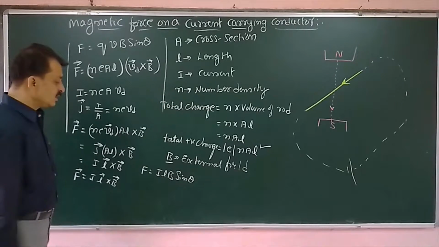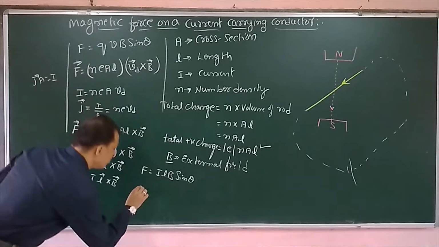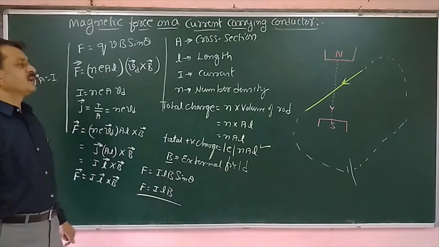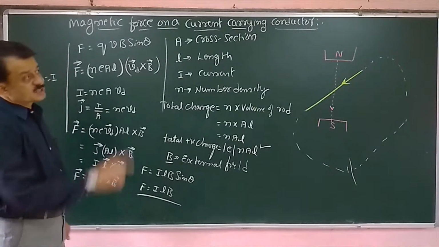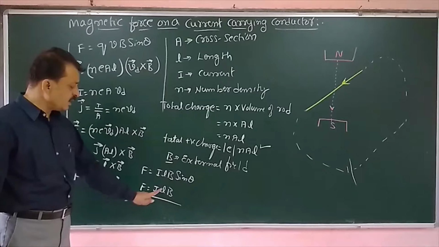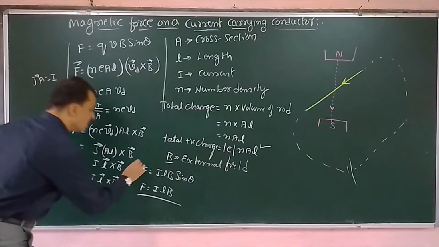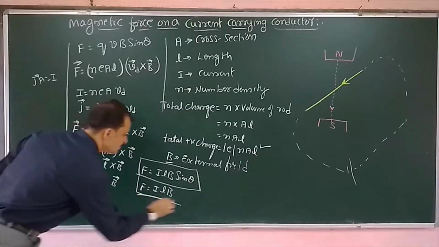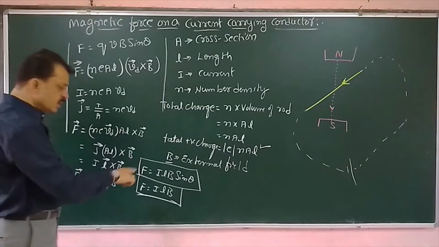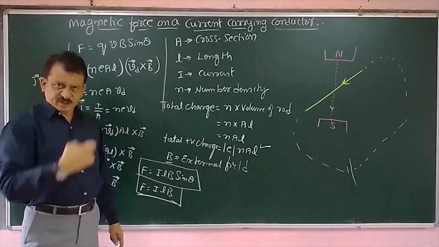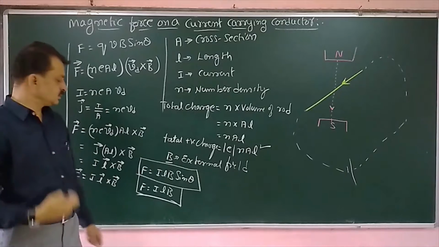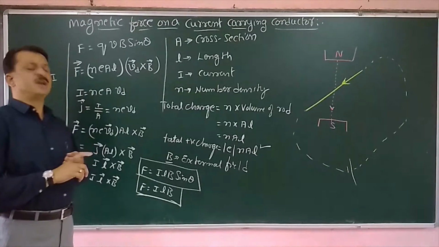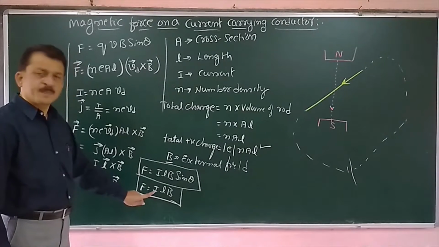For this case, theta is 90 degree. Therefore, the magnitude of the force experienced by a current carrying conductor placed in an external magnetic field is I L B. You should remember these two expressions. Now this one is the general expression, and this one is a particular expression in which the direction of the current, that is length, and the direction of the magnetic field are mutually perpendicular to each other, then it becomes this case.